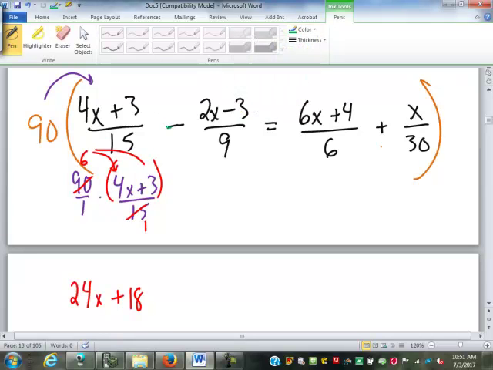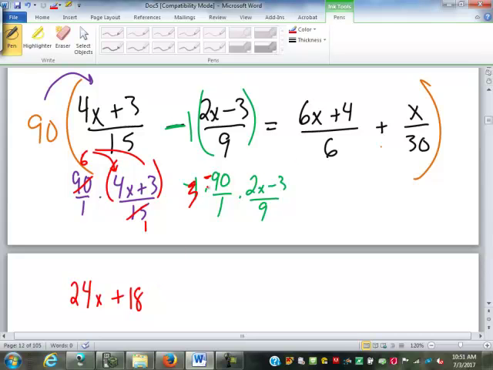Now over here, this negative makes this confusing. This is a negative 1 times that, right? So I've got negative 1 times 90 over 1 times 2x minus 3 over 9. The negative 1 times 90 makes that a negative 90 over 1, right?